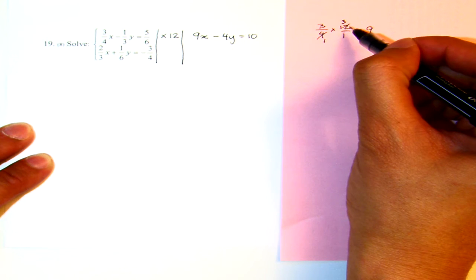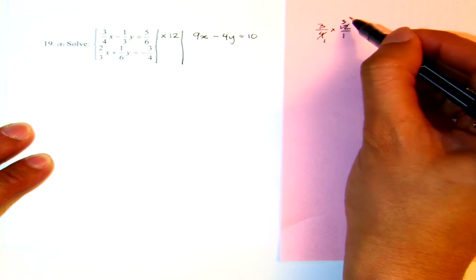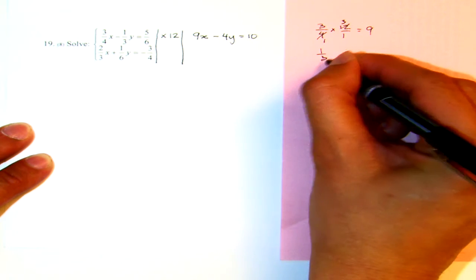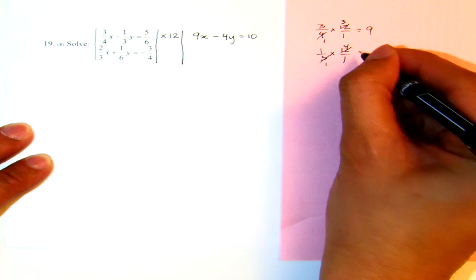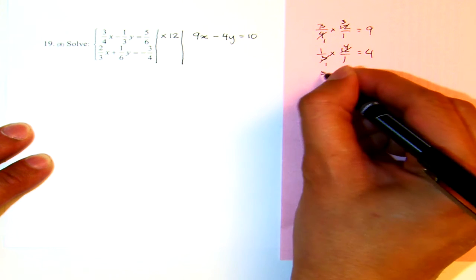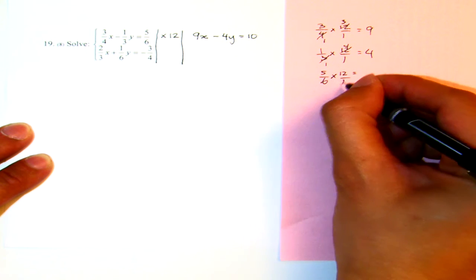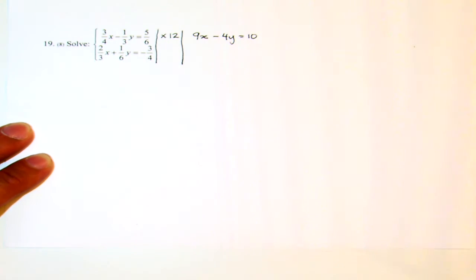Think of that 12 kills the 4, and you have 3 multiplied by 3 gives me 9. Okay? 1/3 times 12, you reduce, you get 4. And 5/6 times 12 gives you 10. Right?